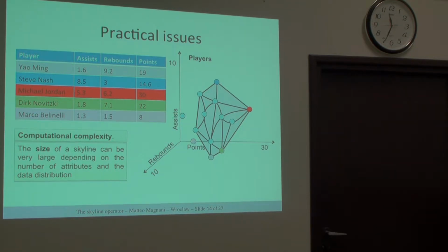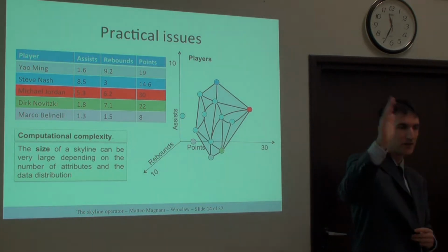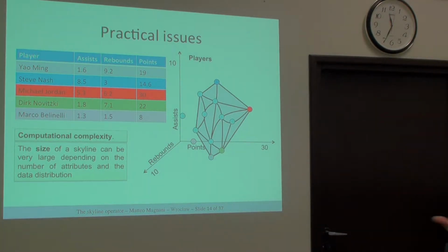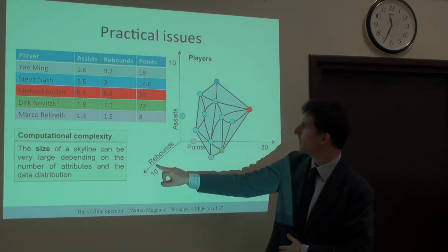Because if you start using many options, or even if the data is distributed in an unfortunate way, then everything could be fine for someone. And the cardinality of the skyline may increase exponentially on the number of parameters of the criteria. So here we start also adding the rebounds.